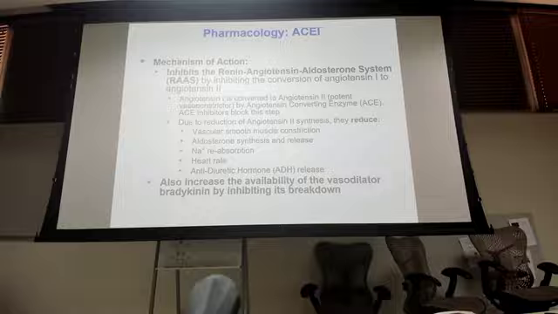Well, if we're blocking that biologically active hormone or enzyme, then guess what? Opposite. Now we're not going to release as much aldosterone. We're not going to release that ADH that we did in the beginning to hold fluids. And we're going to decrease sympathetic output.